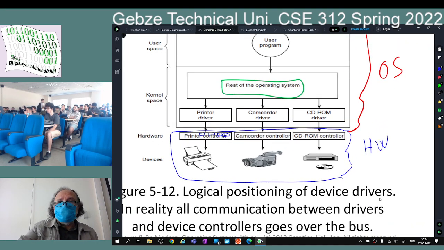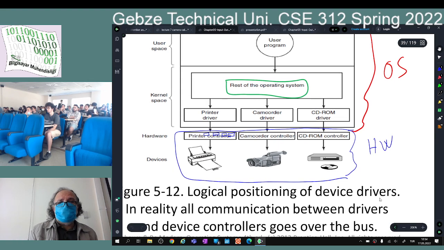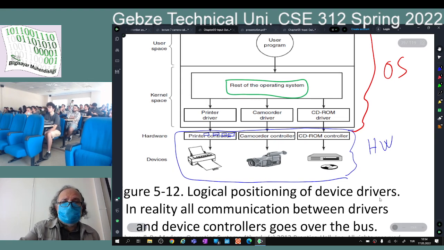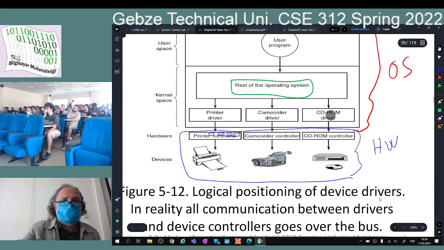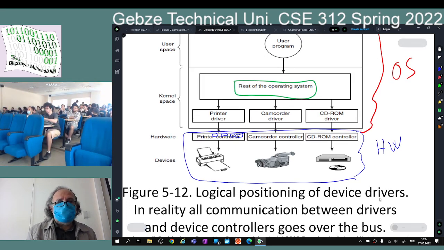For example, we have a device driver that deals with the CD-ROM controller. It's the CD-ROM driver. The same thing is for a specialized camera connected to my system, it is a camera driver, and so on.